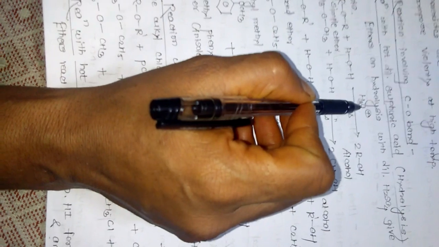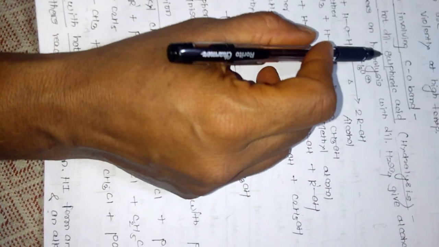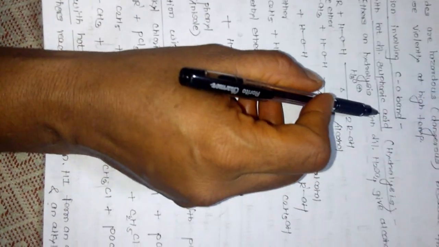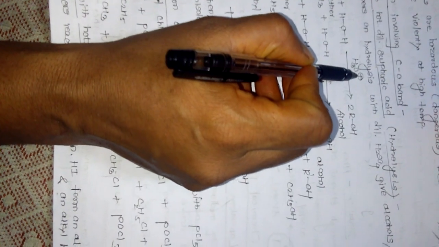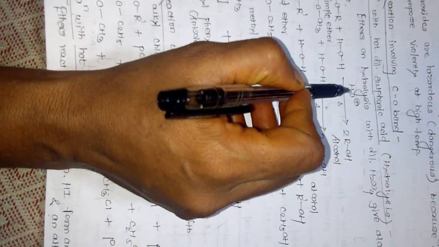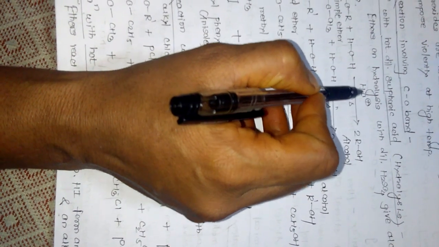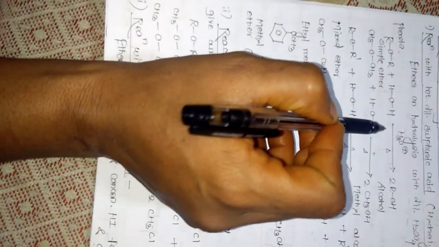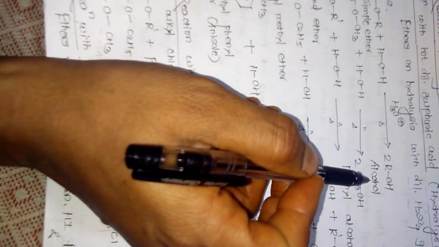H3O plus means H2O is really added, with the one H plus from dilute sulfuric acid acting as a catalyst. Instead of writing dilute H2SO4, it may be written as H3O plus. The meaning of this is acid hydrolysis. When we take the ether and hydrolyze it with acid, it forms the alcohol.